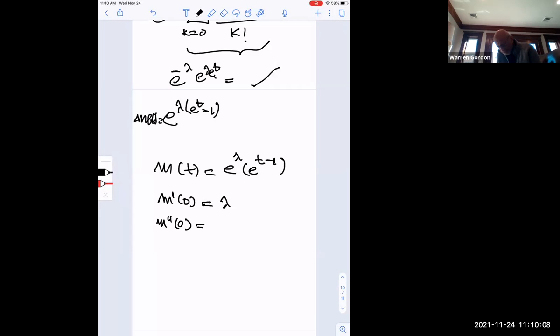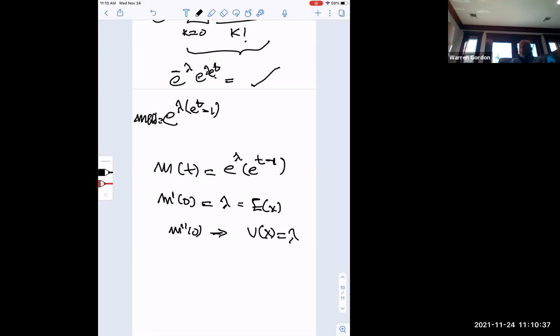But E of X turns out to be lambda, and using m double prime of 0, we find that V of X is also lambda.